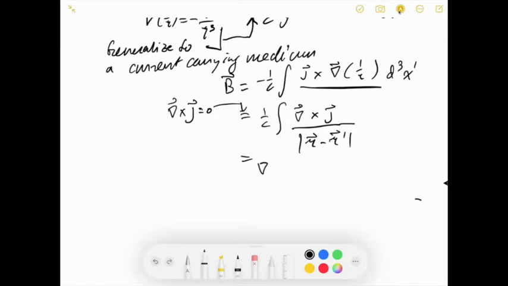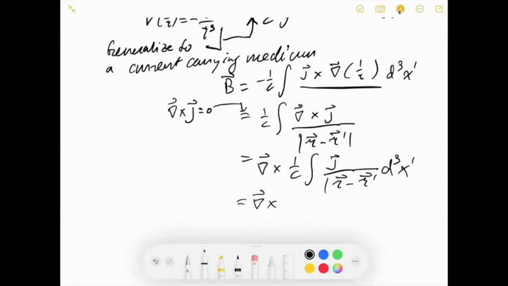So then we get the curl of 1 over c, and then the volume integral of J over the magnitude of R minus R prime, d3x'. Because this is supposed to be equal to the curl of A, this thing is A.